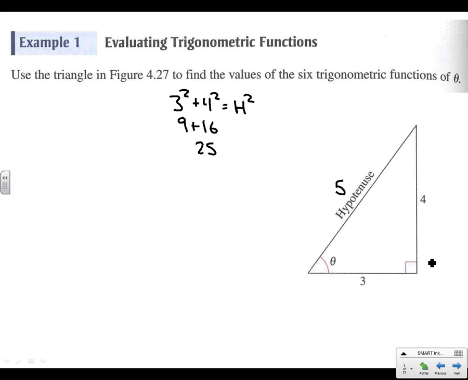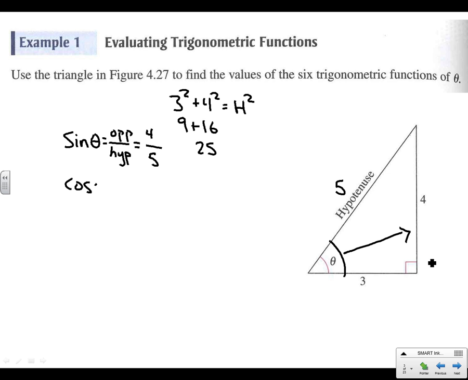We have all 3 side lengths, so at this point we can say that the sine of theta, which is opposite over hypotenuse, where opposite means going all the way across the triangle from the angle, is 4 over the hypotenuse, which is 5.